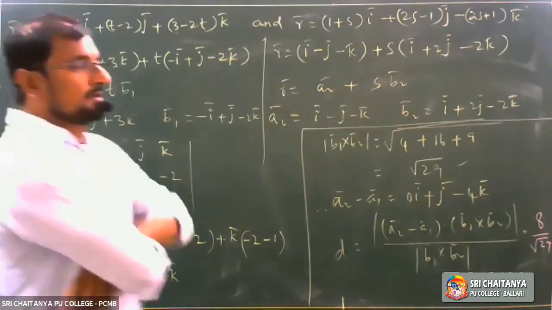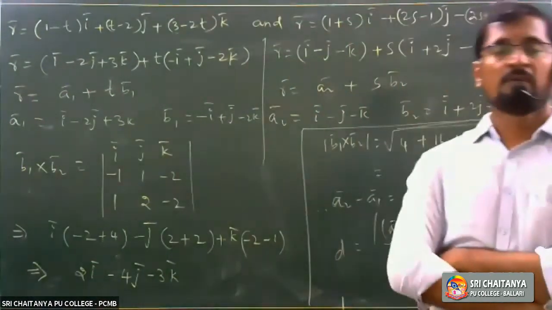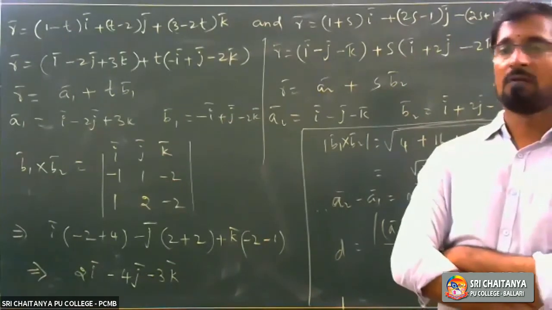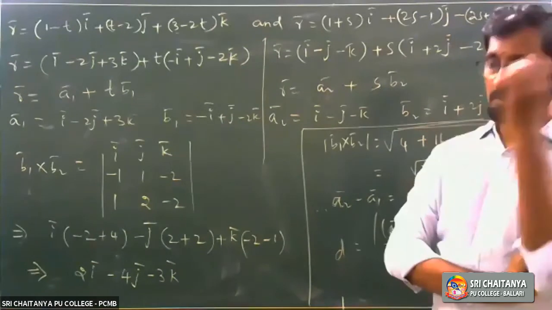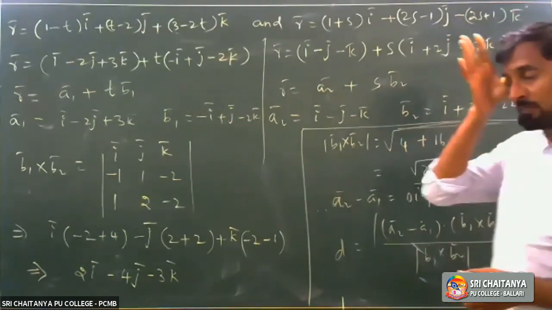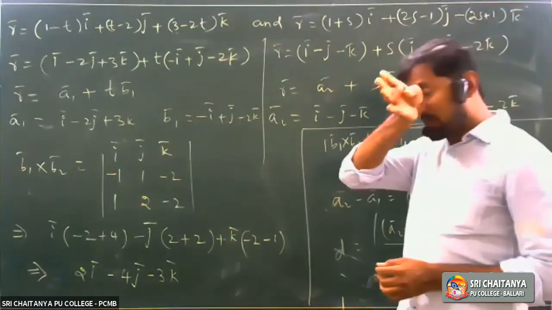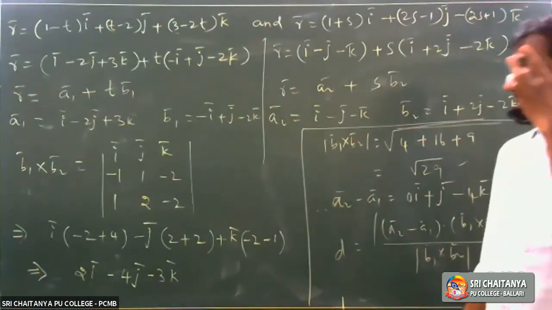First of all, write down the given lines in the standard form. Why? Because the given lines are not in the standard form. What is the standard form of a line? R bar is equal to A1 bar plus lambda into B1 bar.